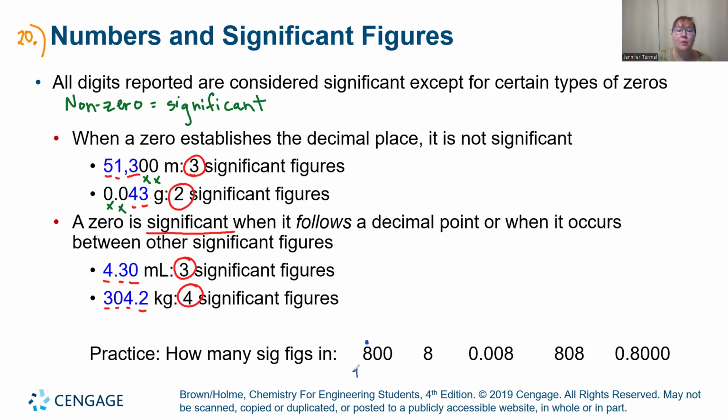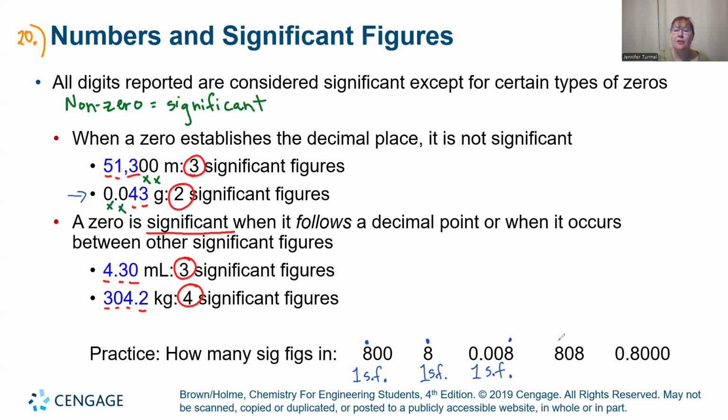So in 800, we have 1 significant figure. Now in this next one, 8, we just have the 1 digit, so this is also 1 significant figure. And remember up here that those leading zeros are not significant. So in this one, we also only have 1 significant figure.